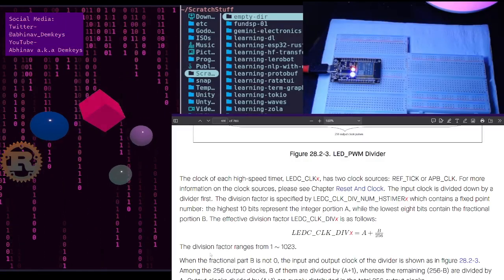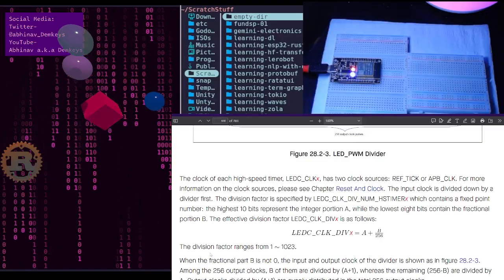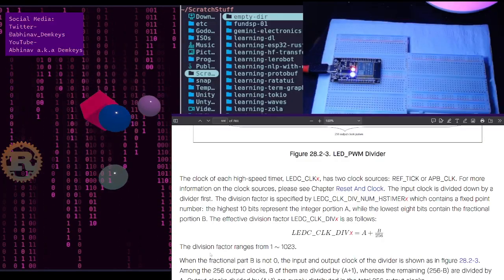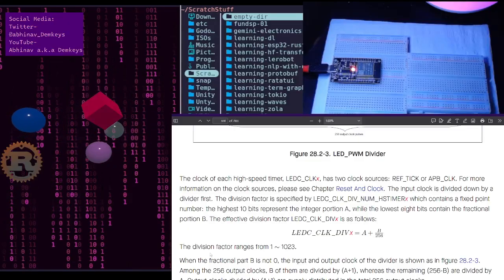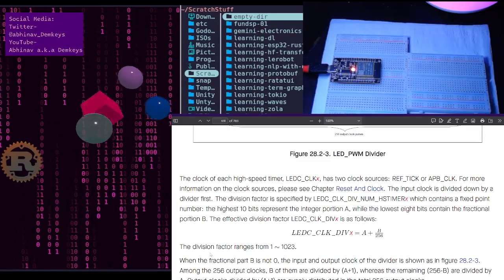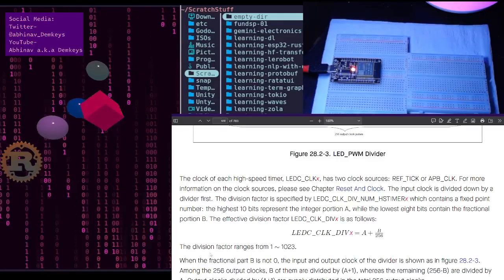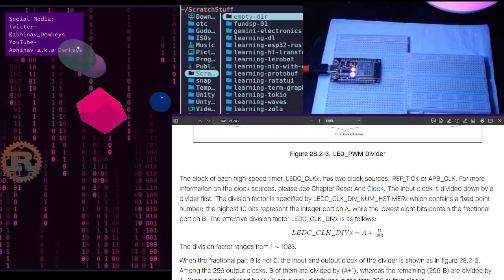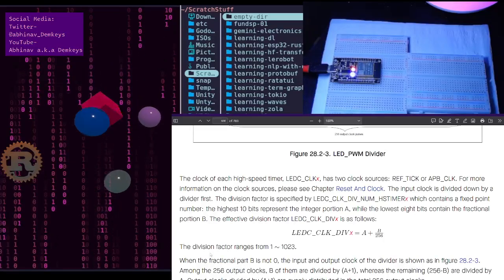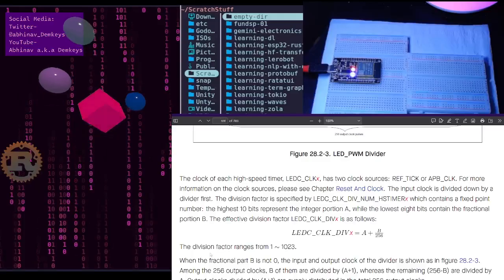Okay, the clock of each high-speed timer, LEDC clock X, has two clock sources, ref tick or APB clock. For more information on the clock sources, please see chapter Reset and Clock. All right. The input clock is divided down by a divider first. The division factor is specified by LEDC clock div, which contains a fixed point number.